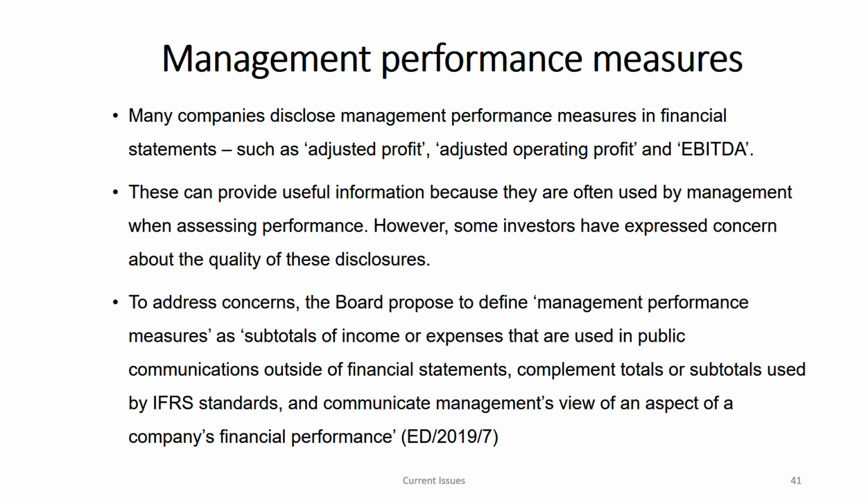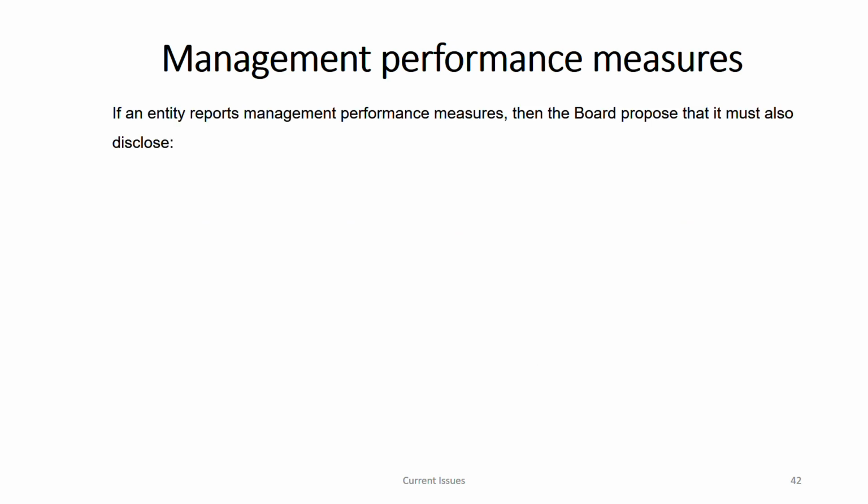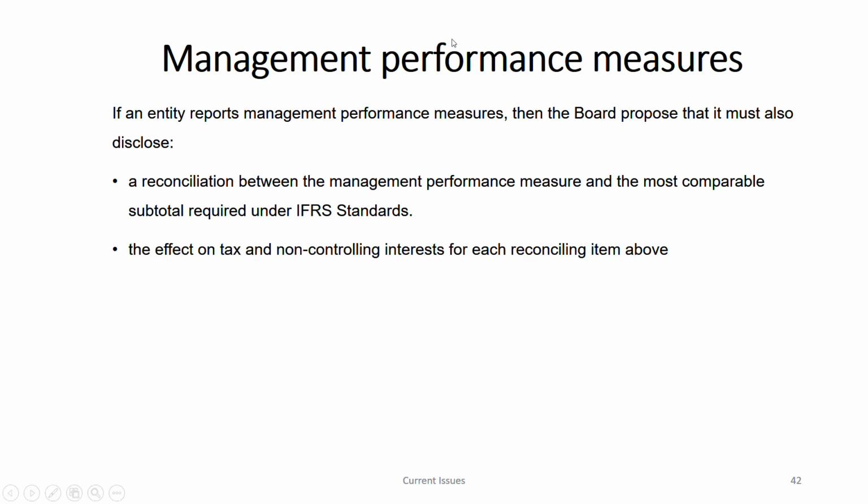So if an entity reports this, then the board says that they must also disclose certain things. What are those? First, a reconciliation has to be there between the management performance measure that you choose to disclose and any comparable subtotal which is under IFRS standards. Second, the effect of any tax and NCI for each reconciling item above.